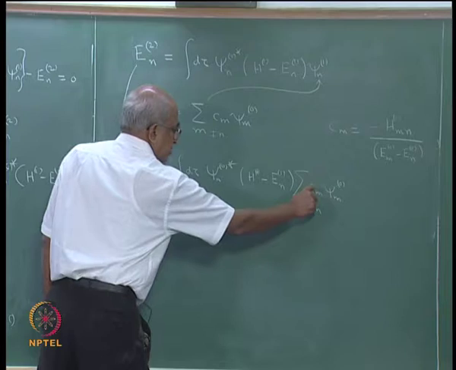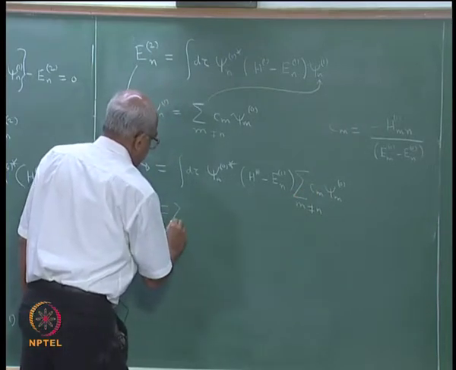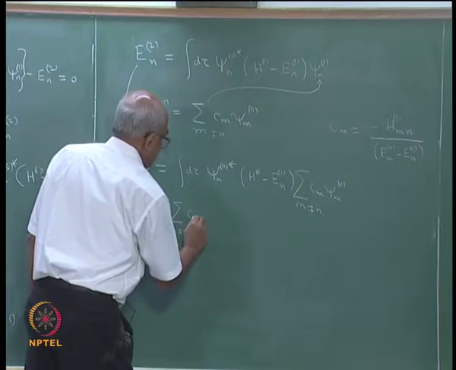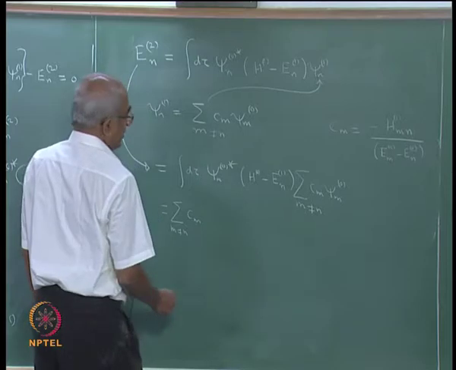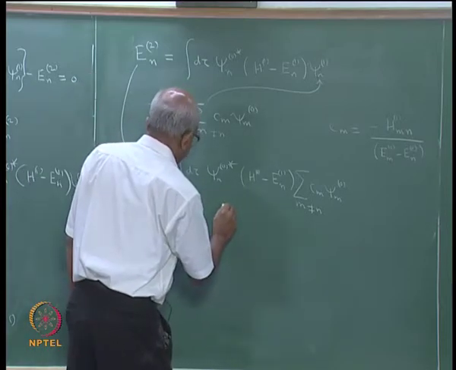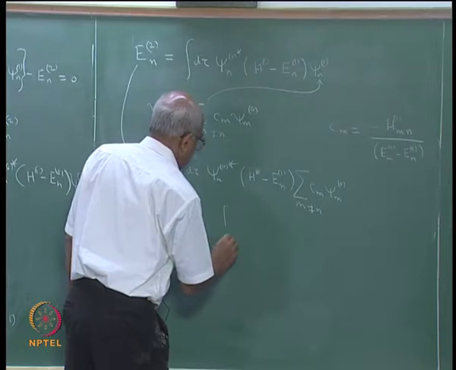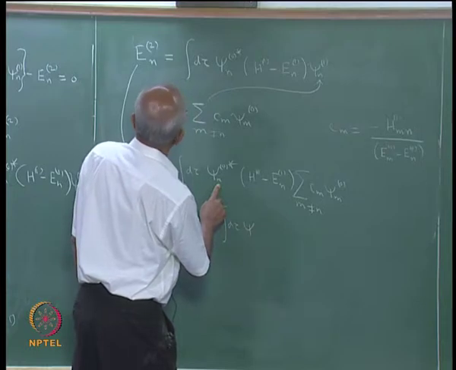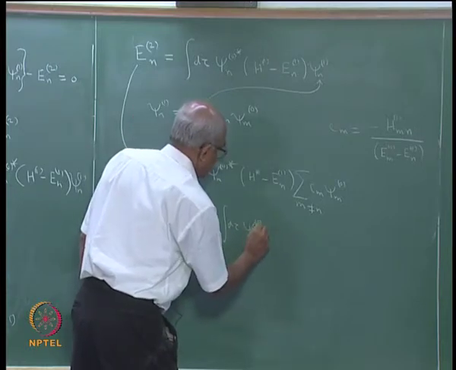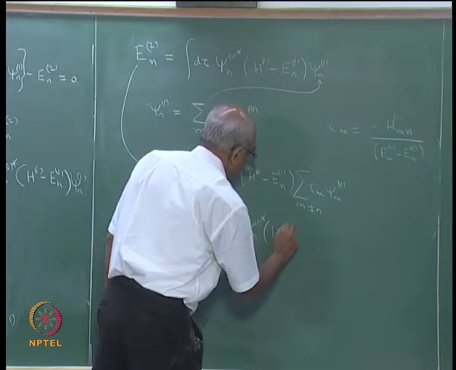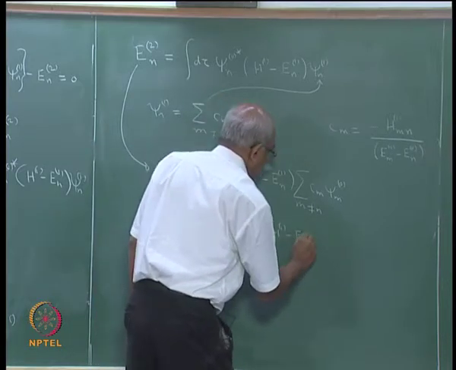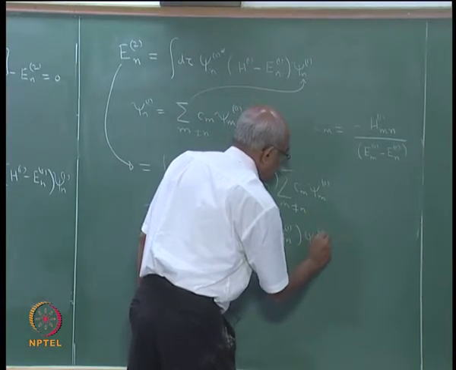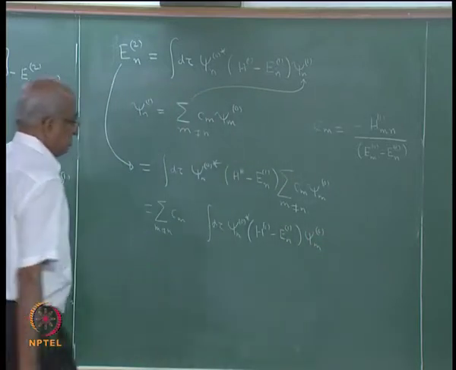I can take this Cm as well as the summation sign outside. So I will get the summation over m not equal to n of Cm, integral d tau of psi n0 star, H1 minus En1, psi m0. That is what happens.